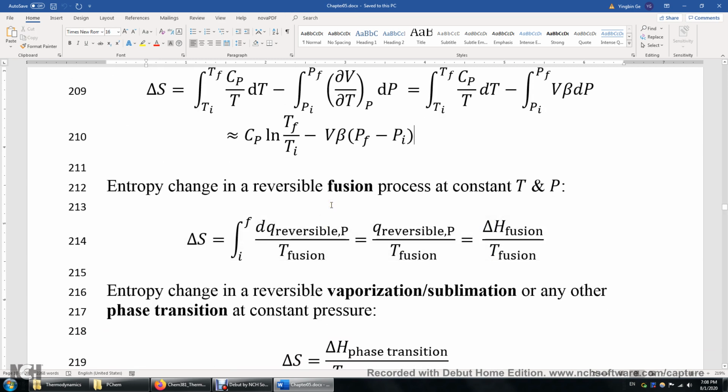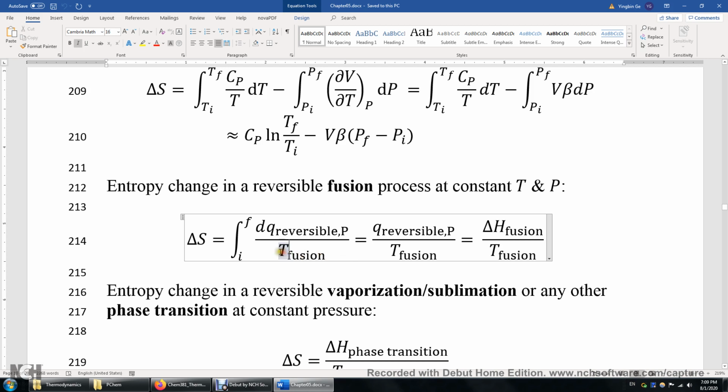For phase transitions such as fusion, it's very easy. Delta S, again, is the integral of dq reversible over the temperature. In this case, let's assume this fusion is under constant pressure. And this part is a constant pressure process. The fusion temperature is the melting point under constant pressure.